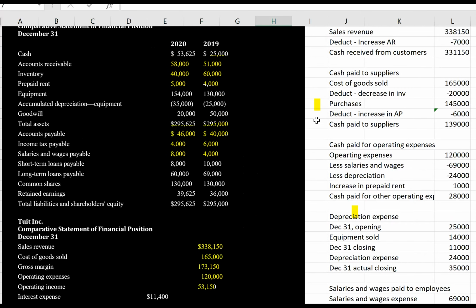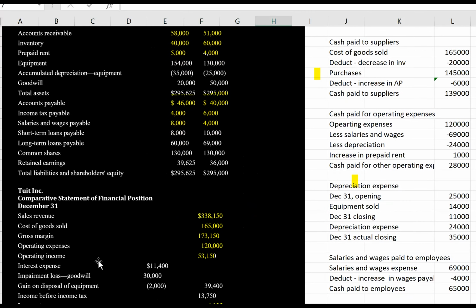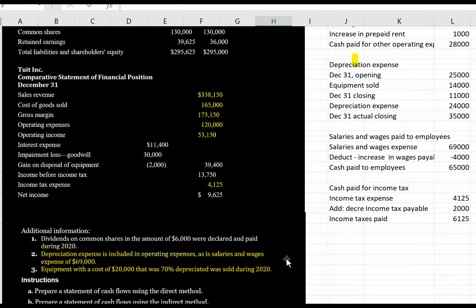Where is interest expense? Is it a current asset? No, but we do have interest expense on our income statement, where we've got 11,400. And so we are going to add this back in this section.